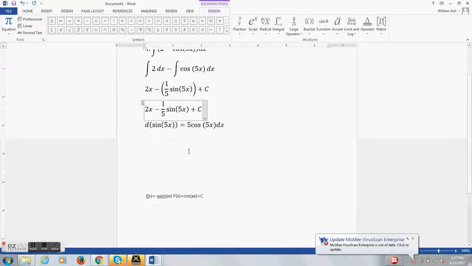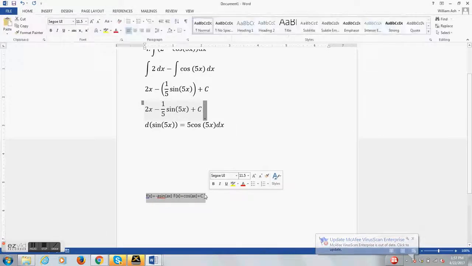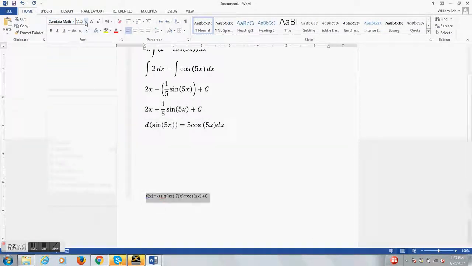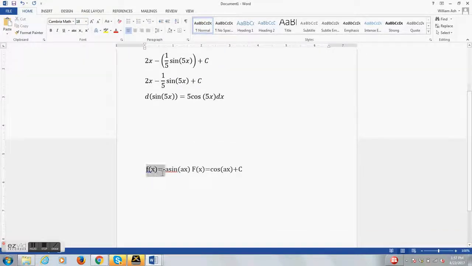Okay, so you referred to this rule down here. Maybe make that a little bit bigger, easier to see. If f of x is negative a sine ax, then F of x is cosine ax.